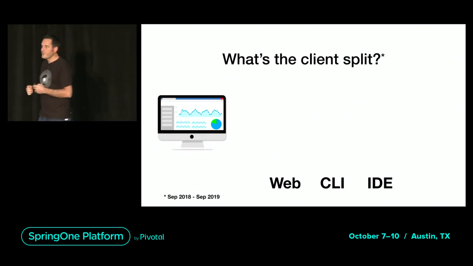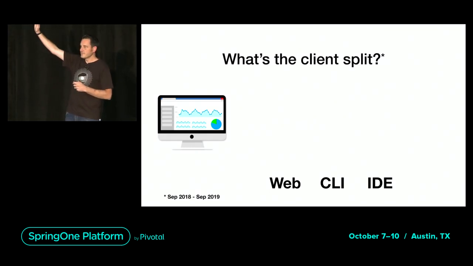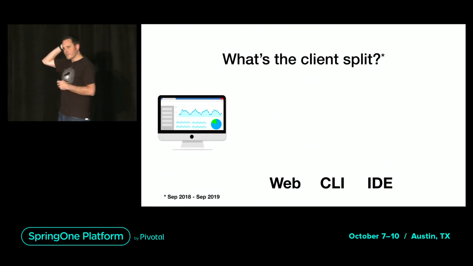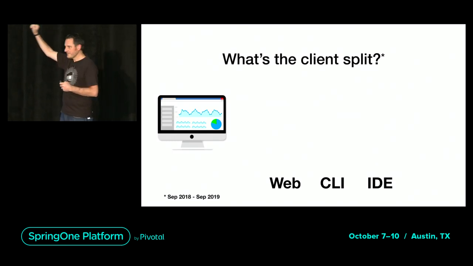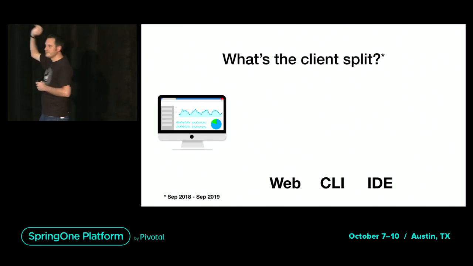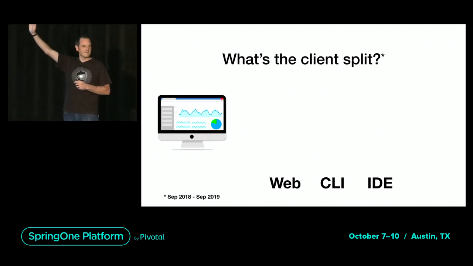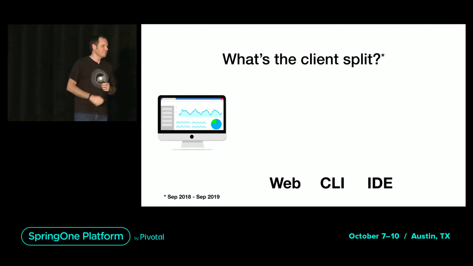So if you think that web is first, raise your hand. Okay, so that's a good half of the room. CLI. I have two in the back. IDE. Yeah, it's interesting.